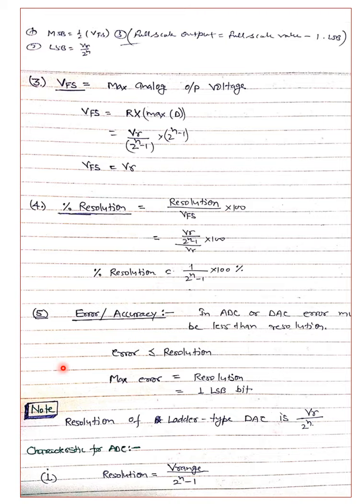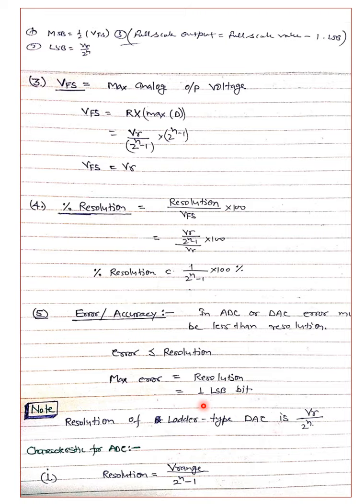The last one is error or accuracy. In ADC or DAC, error must be less than resolution. You have to keep in mind that error must be less than or equal to resolution, and the maximum error can be equal to resolution, or resolution is 1 LSB bit.